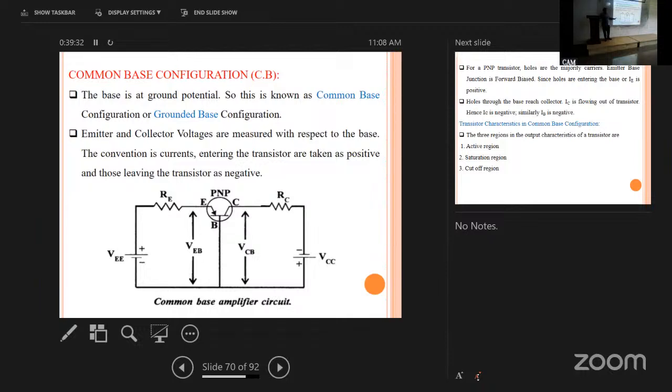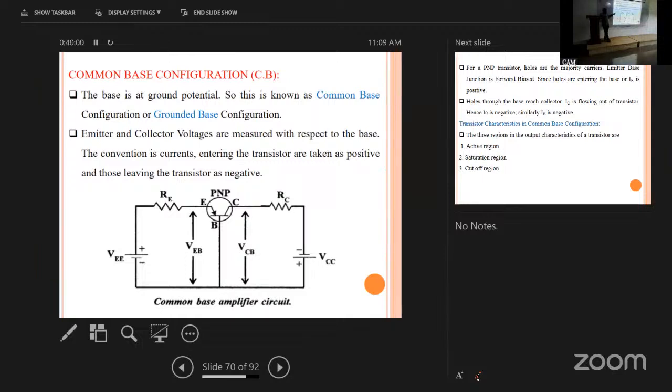To convert this into the saturation region, both junctions should be in forward bias mode. This is about the configuration. Why do we require these two resistors? Whenever we connect voltage supplies, in order to limit the current through the circuit, we require resistors here.